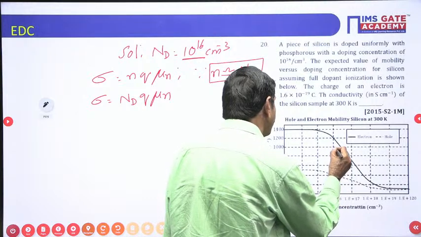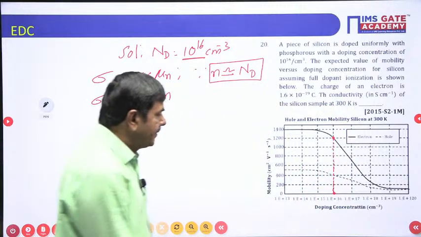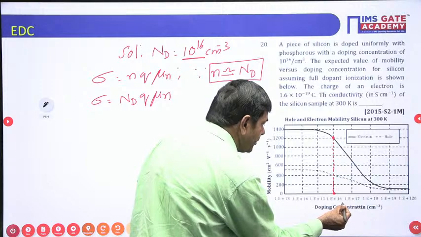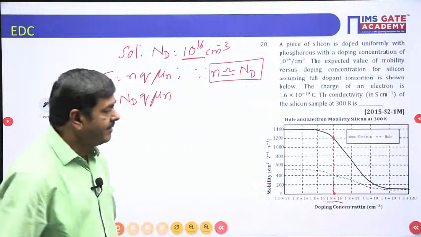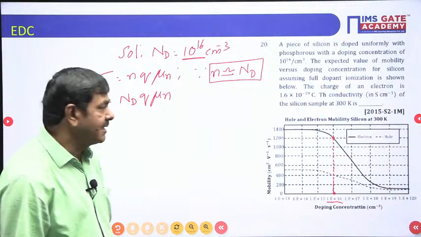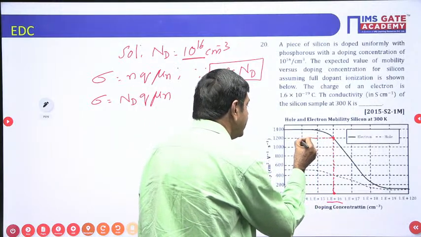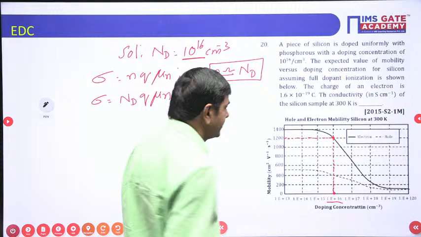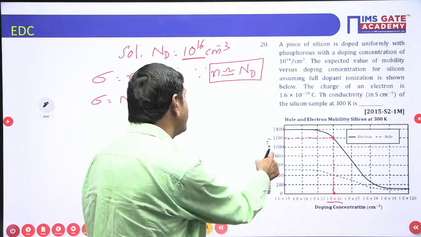It intersects here. Corresponding to this, the mobility is 1200 cm square per volt second.